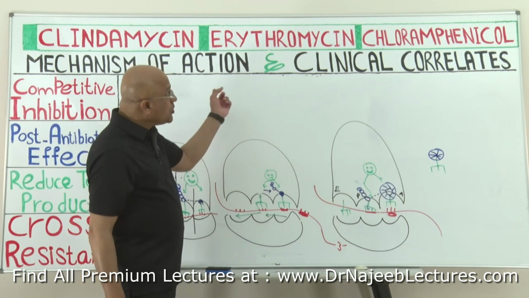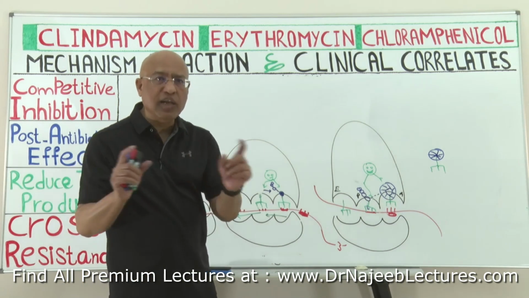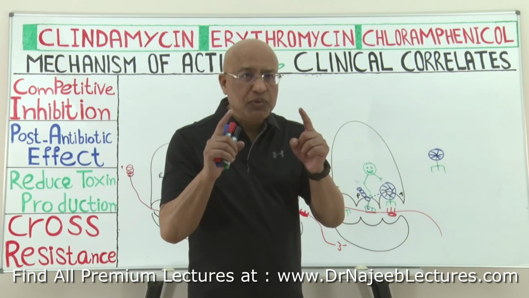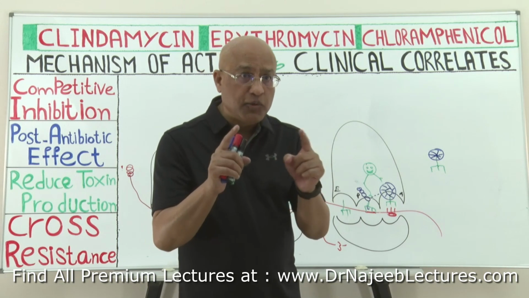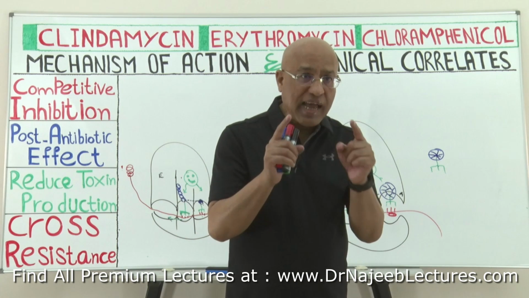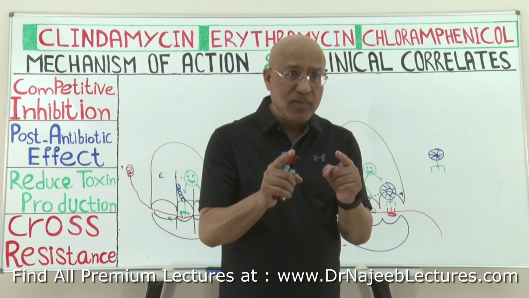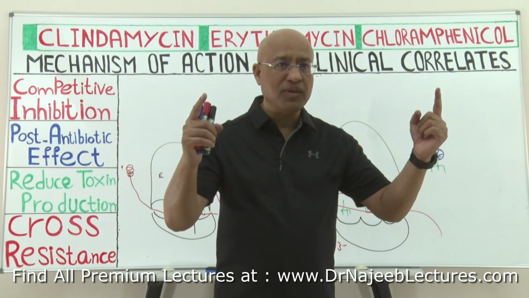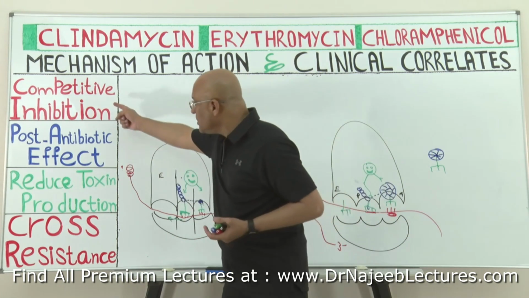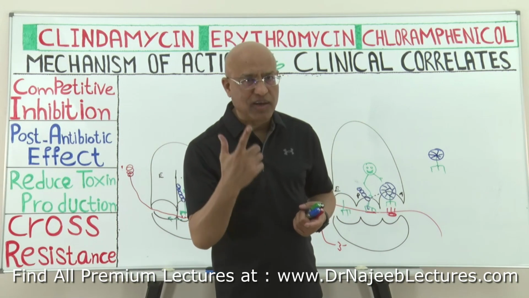All of them work over this, but they work slightly differently. How they work, what the slight differences in their action in the elongation process are, and how that translates into different clinical effects, we'll be discussing in the next lecture after the break.